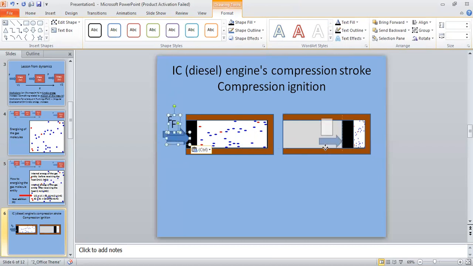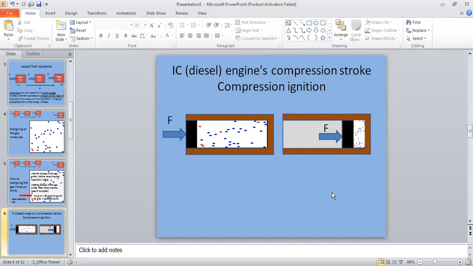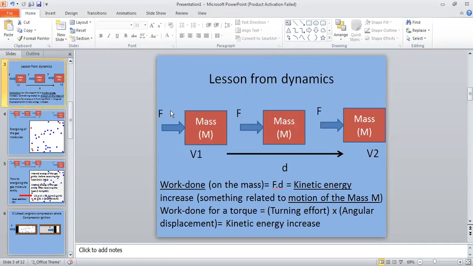Even here, where is this work done? What happens to the effect of the force? Here, the effect of the force on a single mass goes into the mass, the mass moves and the kinetic energy increases.